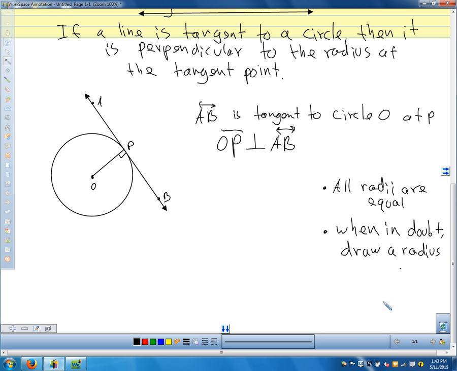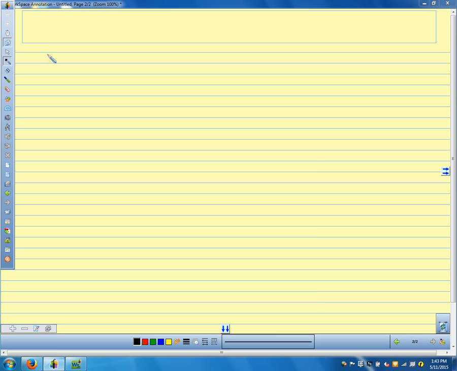All right, let's look at a couple of examples that have to do with tangents and perpendiculars to radii. Are we good so far? Okay. Here's our problem.